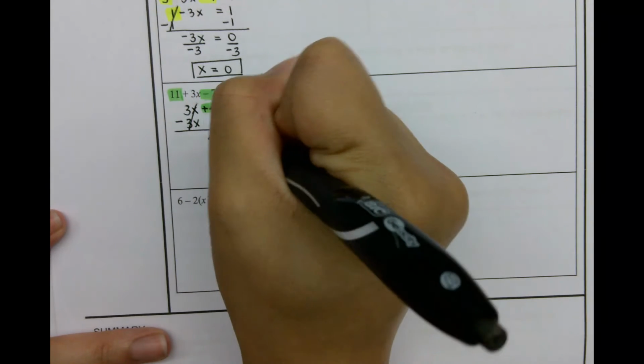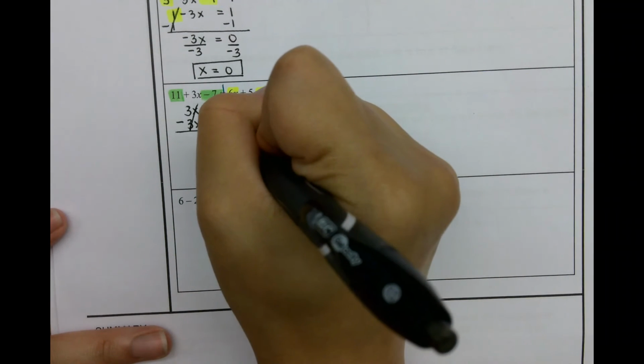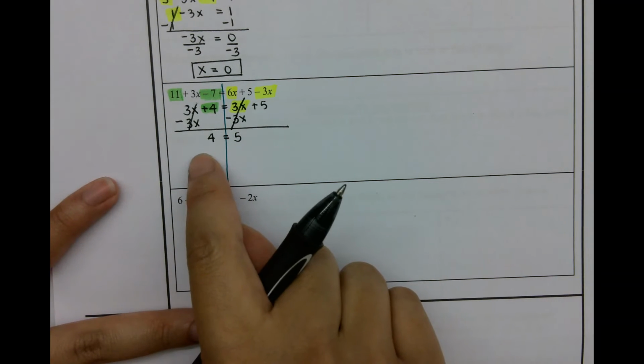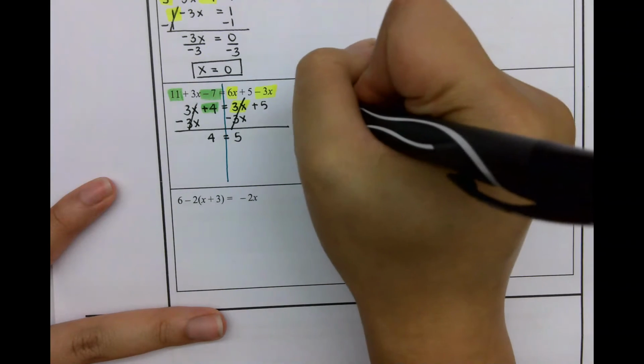On the right side, it also cancels, so 0 plus 5, and I get 4 equals 5. But wait a minute, 4 equals 5 is not true. It will never be true. 4 is never 5.